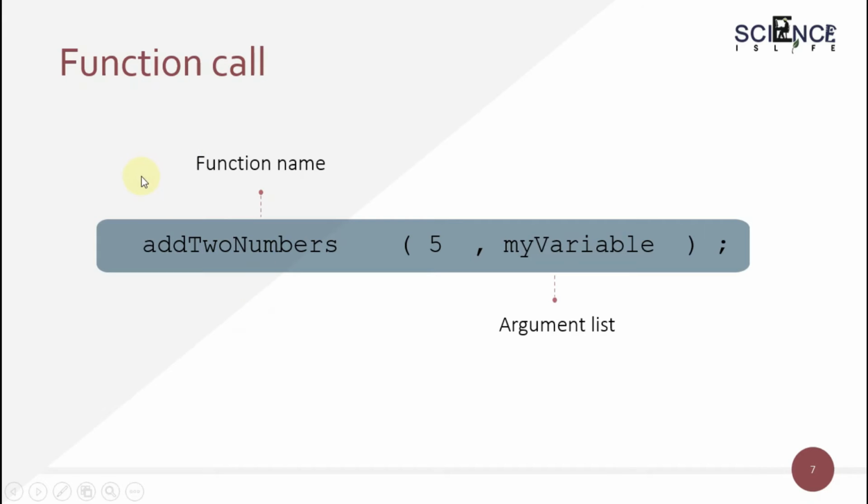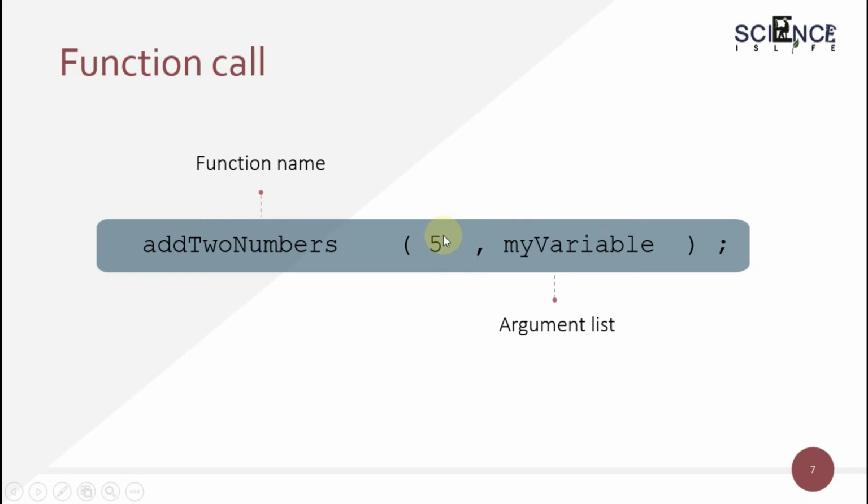It is really easy. We need to mention the function name. We are not going to mention the return type, right? That is the difference. We begin by mentioning the function name, then we open brackets and we put some values or variables compatible with our function prototype's data types.